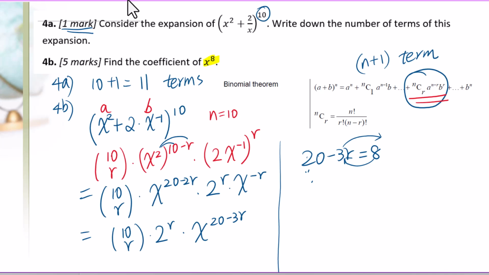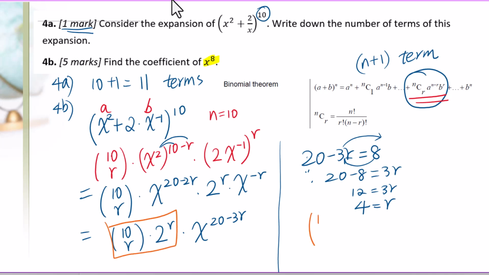Solve this: 20 minus 8 equals 3r, 12 equals 3r, so r equals 4, which means the coefficient of x to the 8th power will be 10 choose 4 times 2 to the 4th power equals.